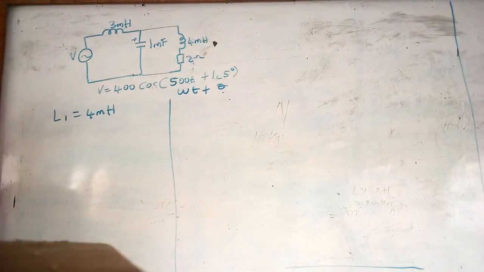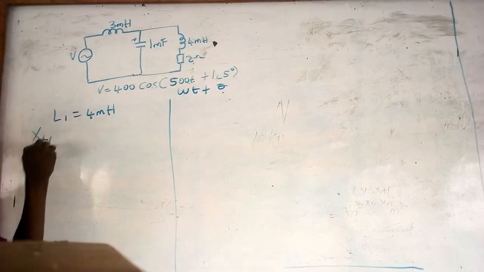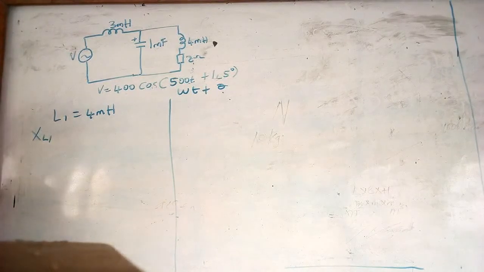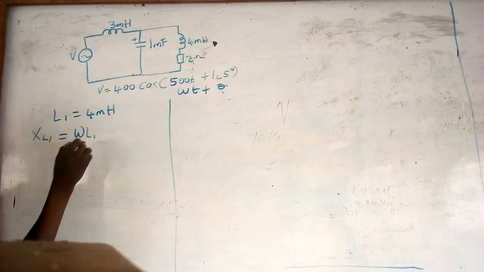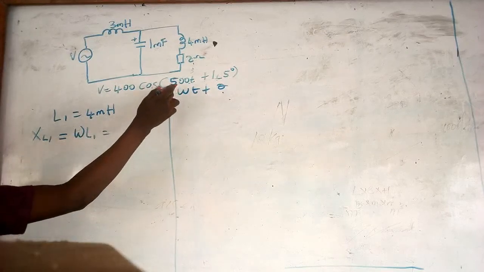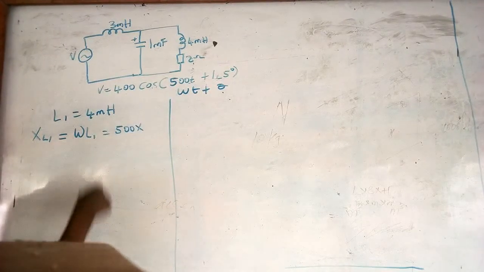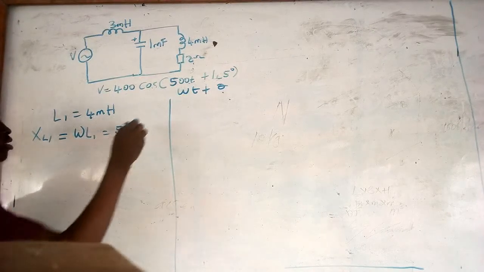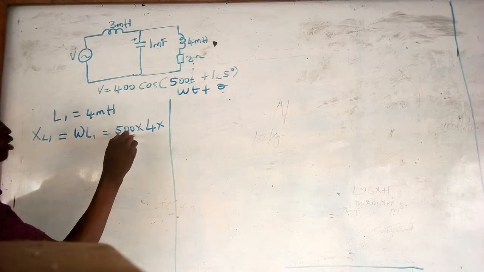I will solve this by finding the inductive reactance on the primary side, which is L1. That is sL, which gives us ωL1, and ω we know to be 500, times 4 times 10 raised to minus 3.